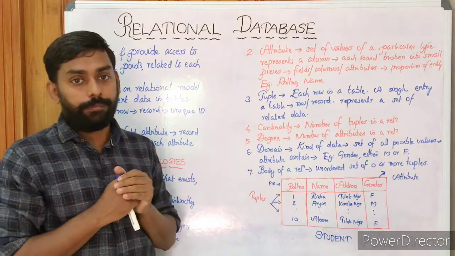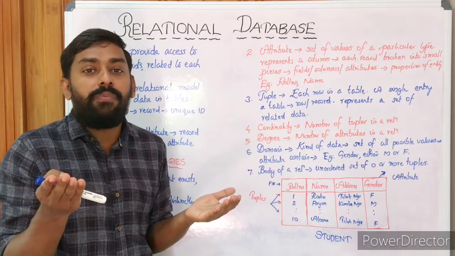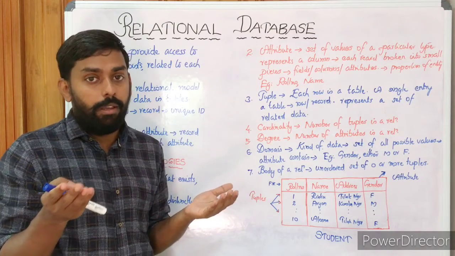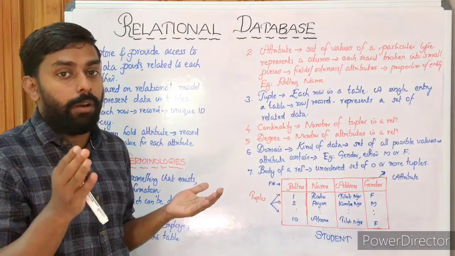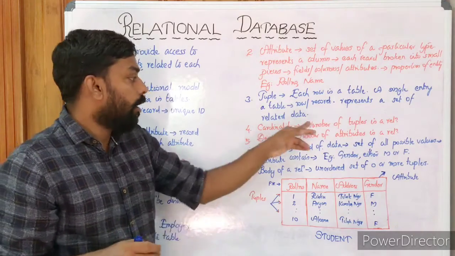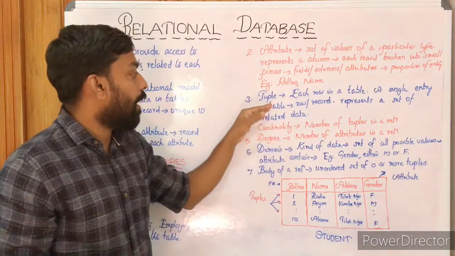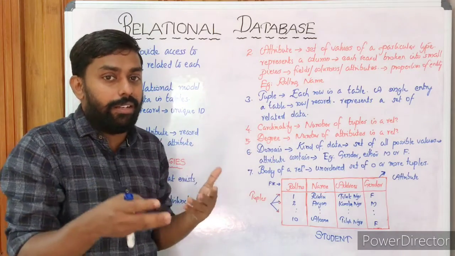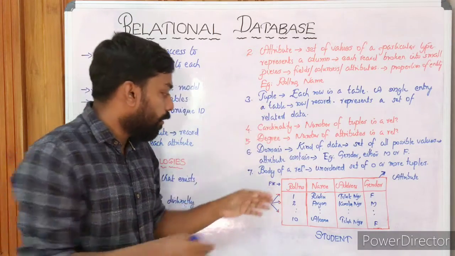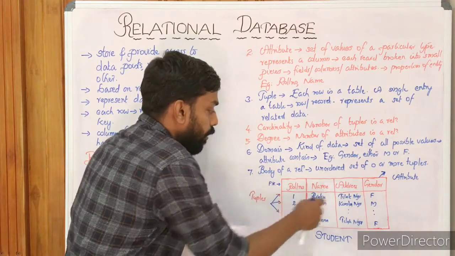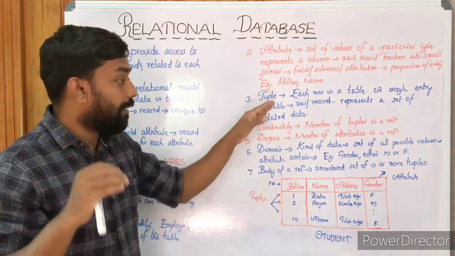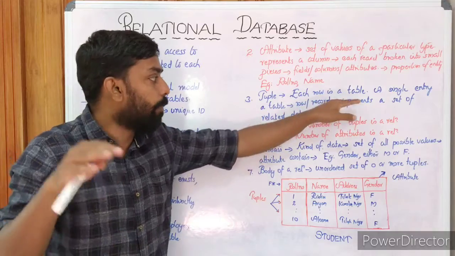Then we have tuple. What's a tuple? Each row of a relation is called a tuple, or we can say record. Each row in a table, a single entry in a table, is called a tuple. This is a single entry, right? One Rinku Tilak Nagar F. It's a row, it's a record, or a tuple.